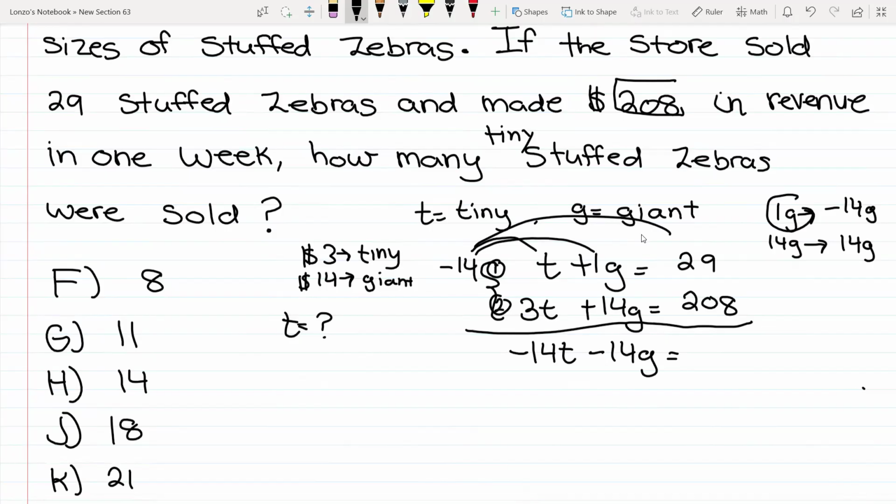You are allowed to use a calculator. Let me get my calculator. Okay, I'm back. So 29 times negative 14 is negative 406.